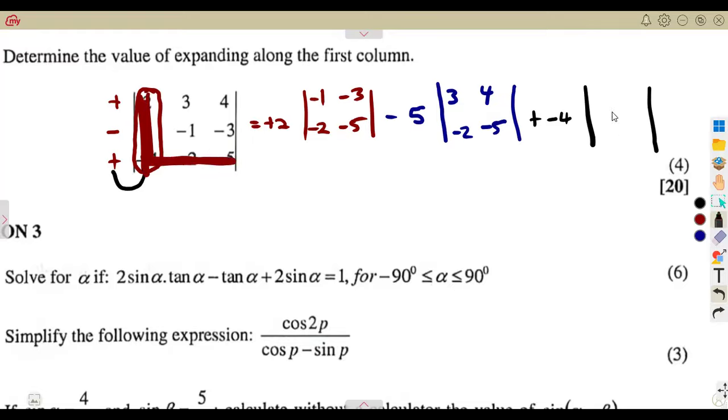You are remaining with 3, 4, -1, -3. This is what you're remaining with. So with this, we can determine our determinant, guys, as you are considering expanding along the first column.